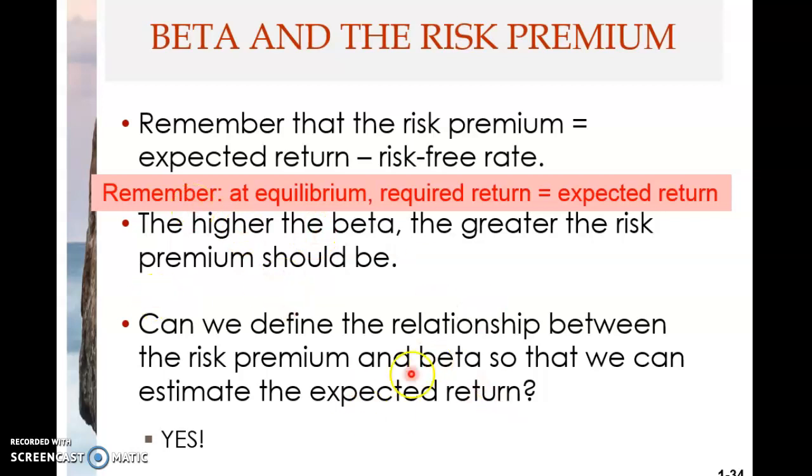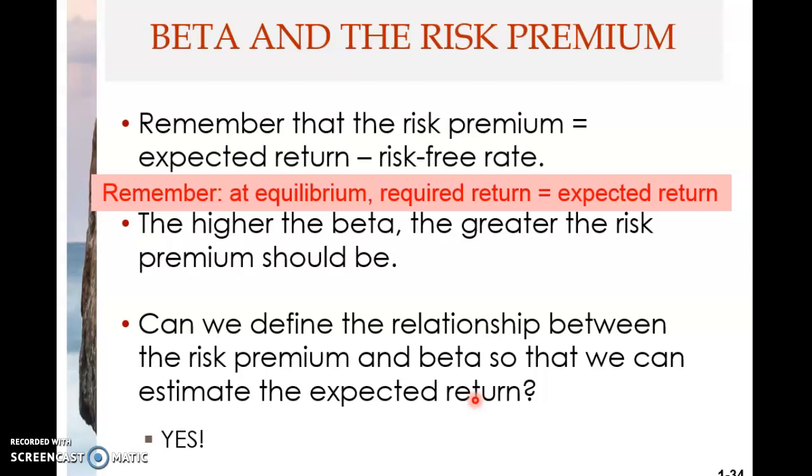The book uses expected return throughout, but I think it is better to use required return when we determine the return based on risk. Expected return is just the return based on expected cash flows. But when we determine the return based on the systematic risk of an investment, it should be called required return.